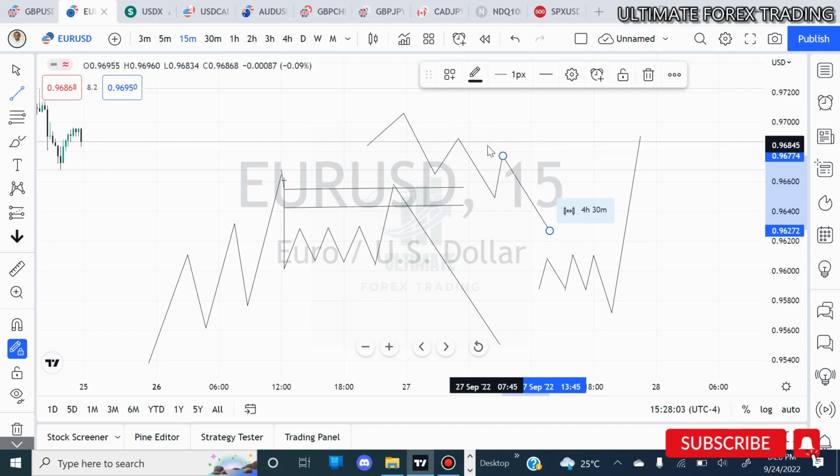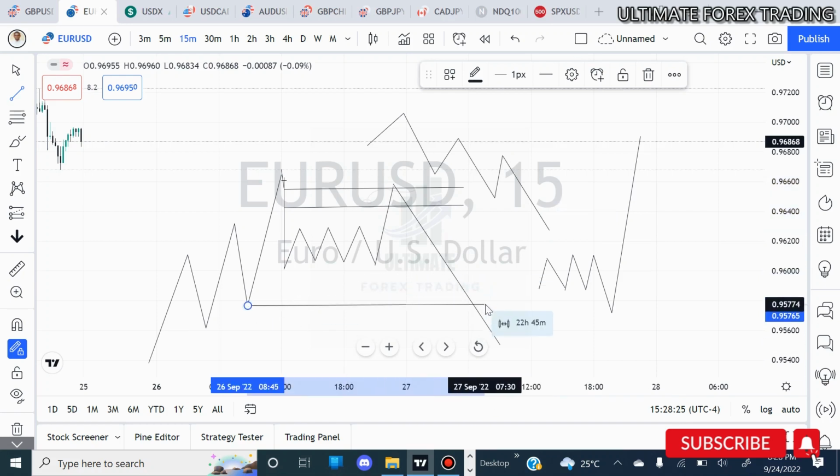So another thing you have to keep in your mind is that if you are trading the Power of Three concept on an intraday basis, which means you have to make use of your daily range.